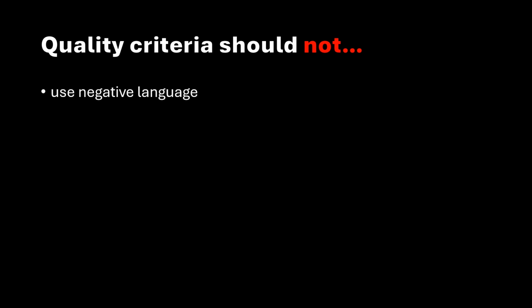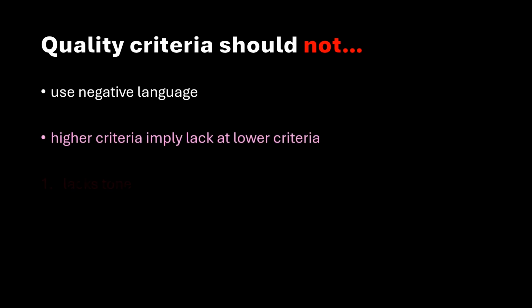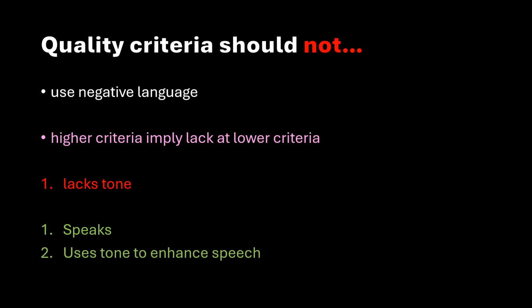We also want to avoid negative language. I'll give you an example here. So, lacks tone. If you want to tell a student that they lack tone, instead of being harsh and saying something mean like that, you can simply have a criteria below the tone one, and then if they got a 1, they can work out for themselves that they didn't use tone to enhance their speech.